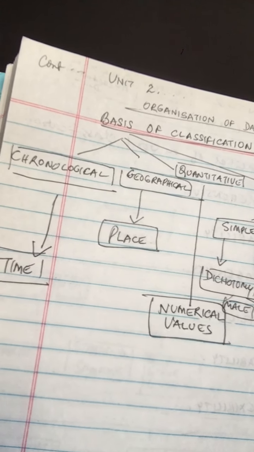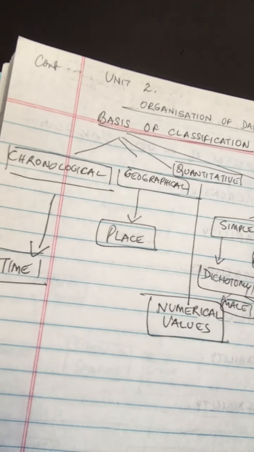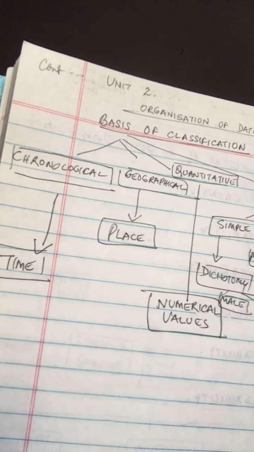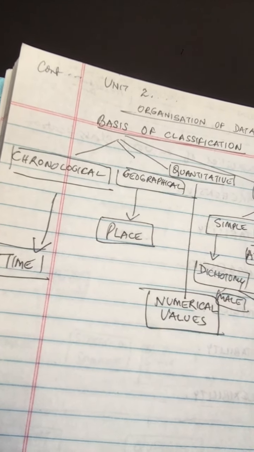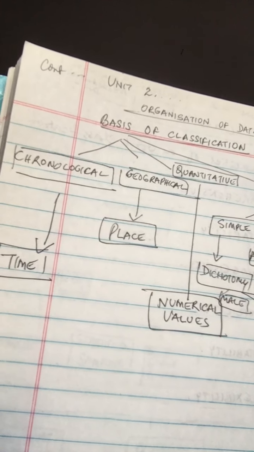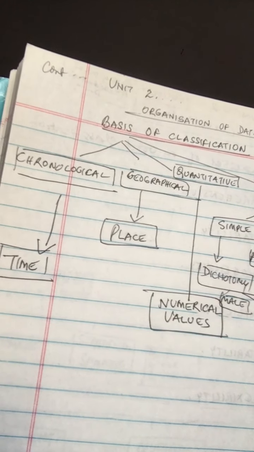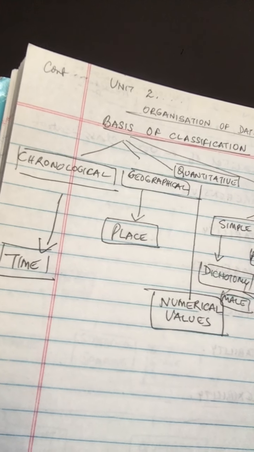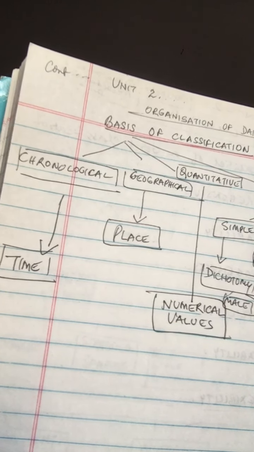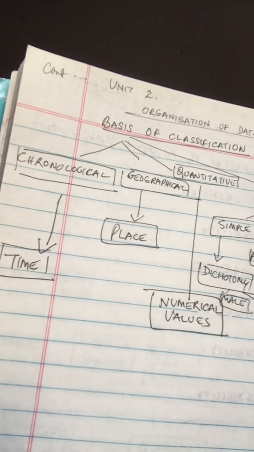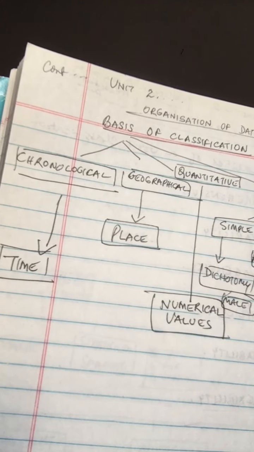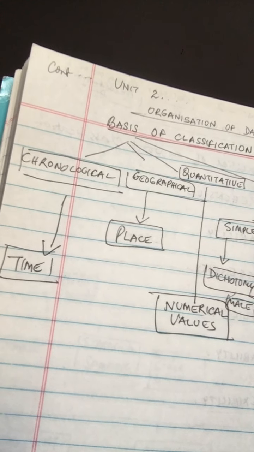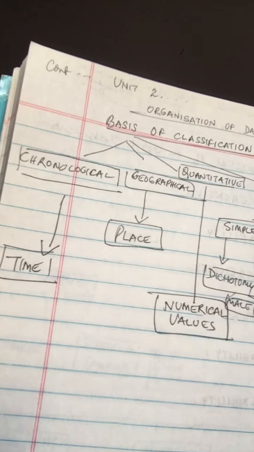This is classified on the basis of some quality or attribute, which otherwise cannot be measured. What we do is we can find out whether a particular attribute is present or absent in a population. For example, if the attribute under study is gender or sex, we can only find out whether an individual is a male or a female.